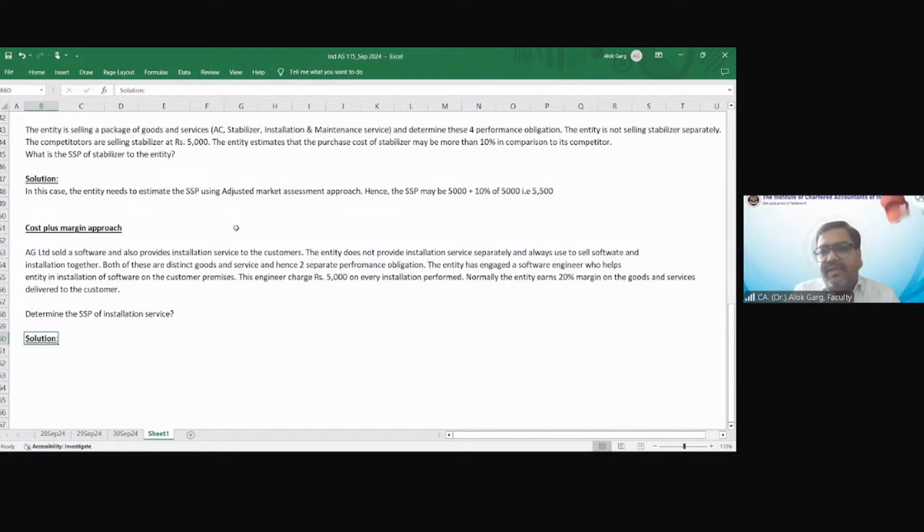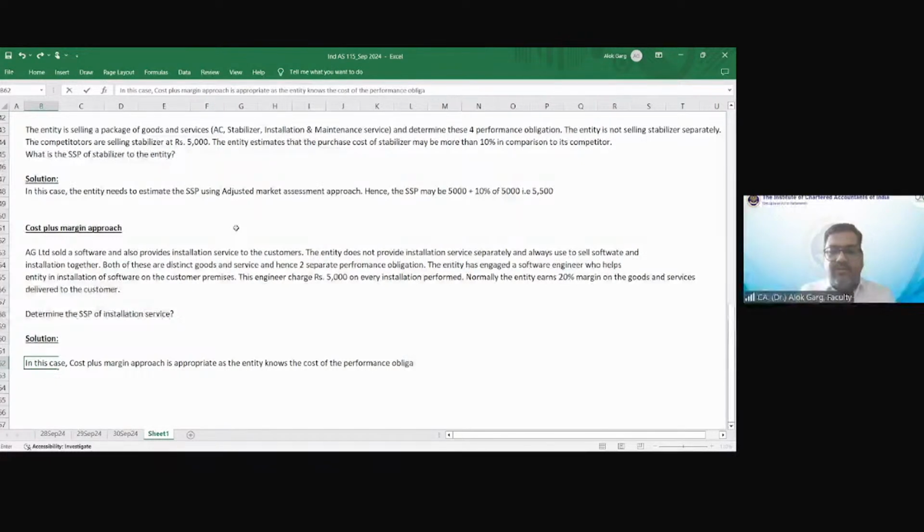So I paid 5,000 rupees to get this work done, but how much will I charge the customer? Normally 6,000 rupees. So in this case, the cost plus margin approach is appropriate as the entity knows the cost of the performance obligation and the margin in the business it expects.